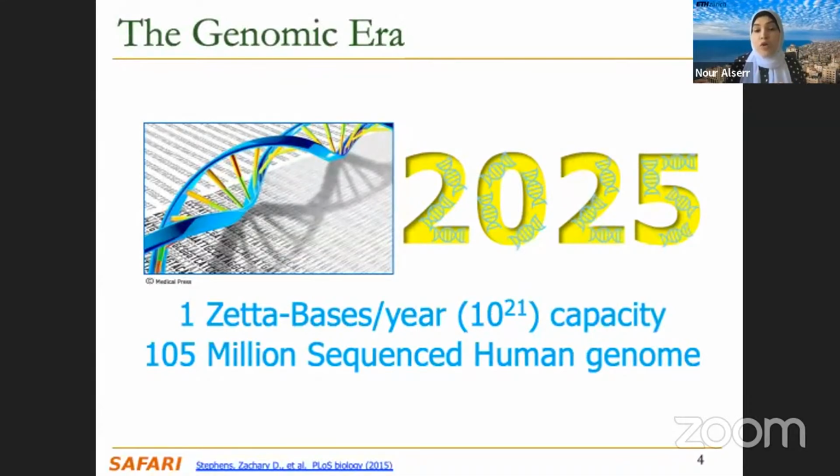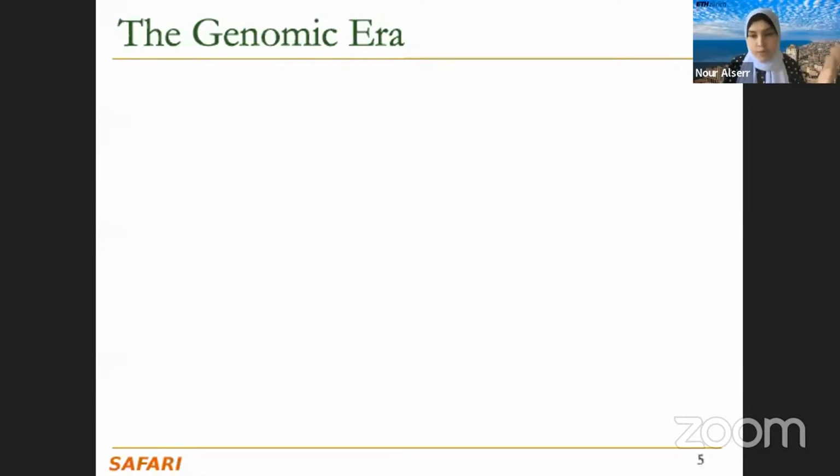Currently we have more than 2.5 million sequenced genomes around the world, and this number is projected to reach more than 100 million sequenced human genomes in the next 3 years. Especially after the COVID pandemic, many countries decided to study genomic data at population scale.